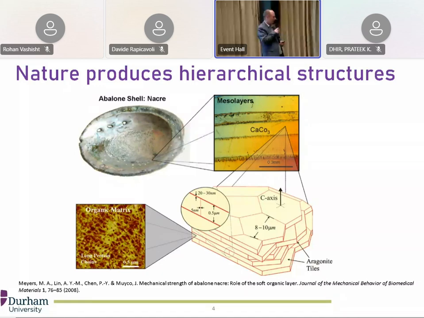So nature was experimenting, evolving, and arrived at this structure. I want to talk about this structure a bit. It's made of those tiles, but the tiles are interlaid with an organic matrix made of fibers. So it's a fibrous porous structure, quite flexible. The initial assumption, when this was studied mostly by groups in the United States, in California, was that the reason for those soft interfaces is to deflect cracks.